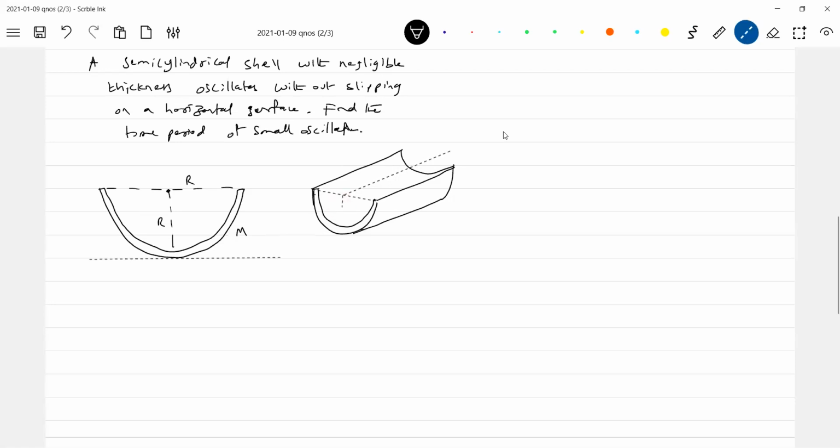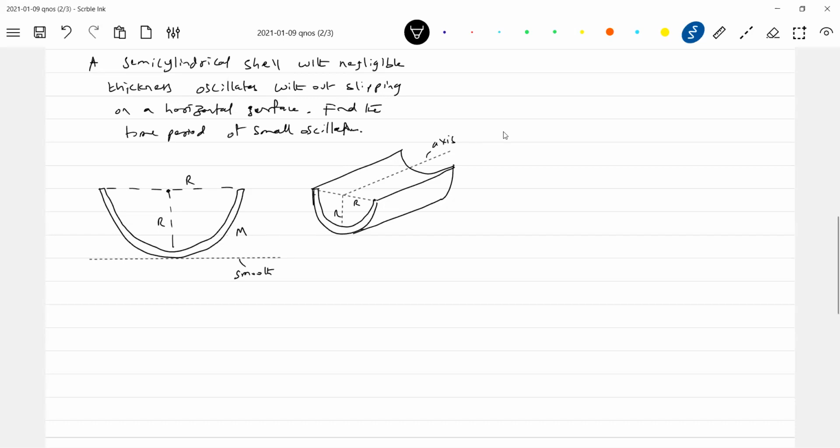Okay, now get into the problem. This will be radius R. This is the axis. I think this is quite familiar, no?